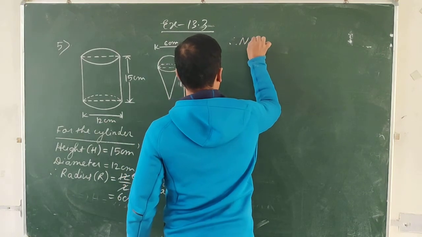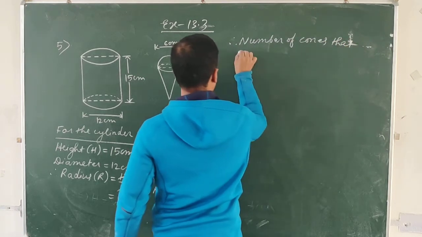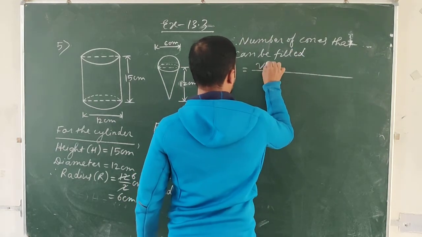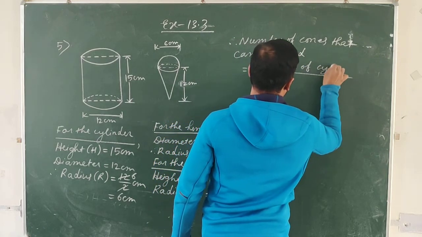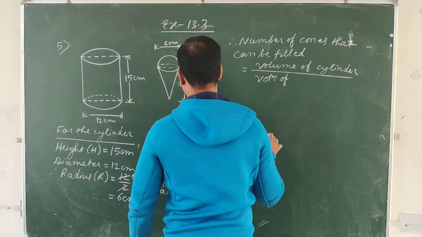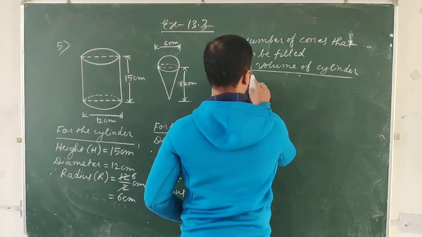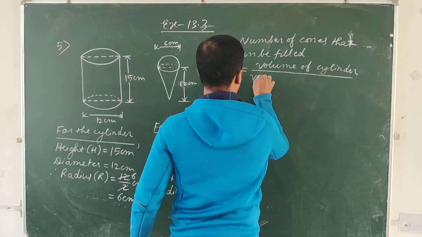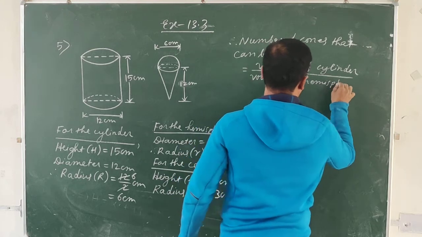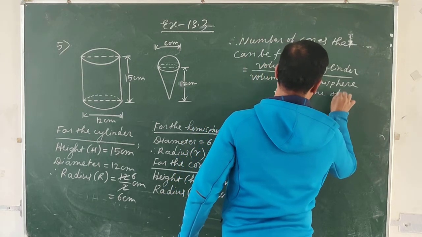For number of cones that can be filled is equal to volume of cylinder divided by volume of hemisphere plus volume of cone.